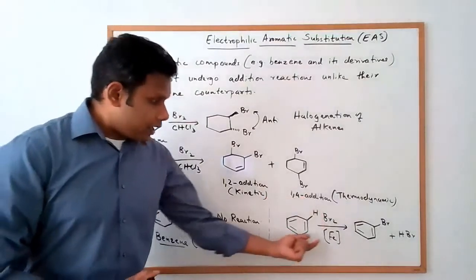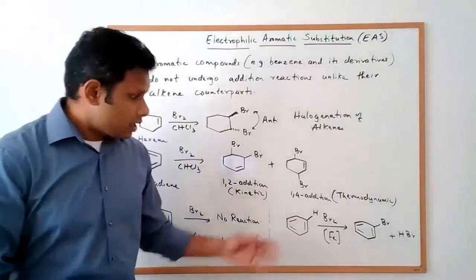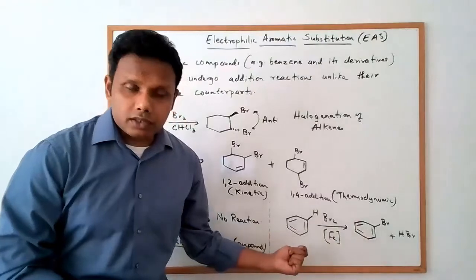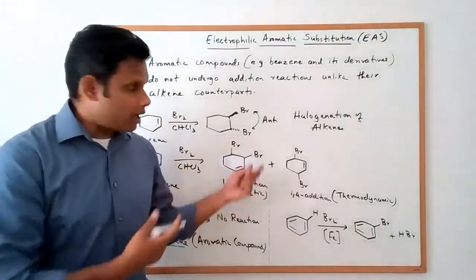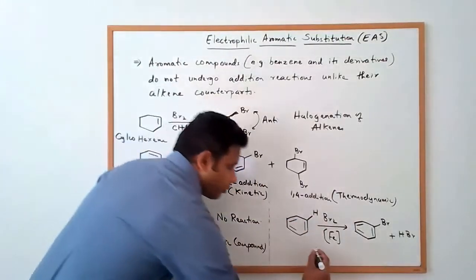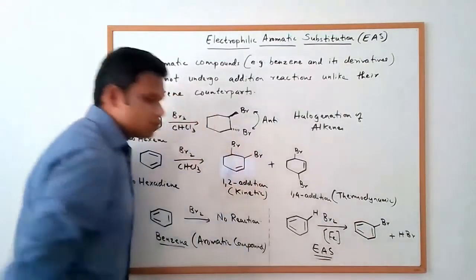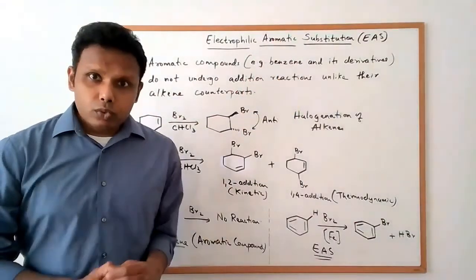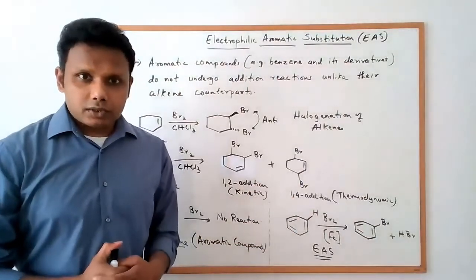So under catalytic conditions where a catalytic amount of a metal is present, aromatic compounds undergo substitution reactions, unlike alkenes, which undergo addition reactions even without a catalyst. This reaction of aromatic compounds is the electrophilic aromatic substitution. So what we're going to do in this video is look at the mechanism of this reaction.